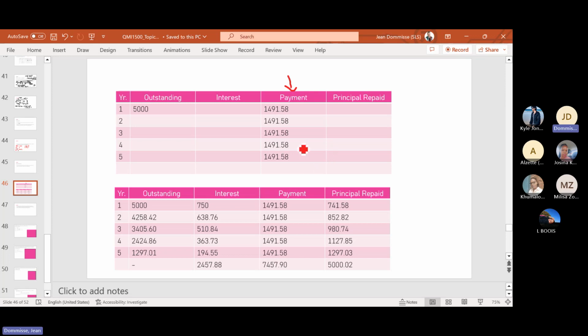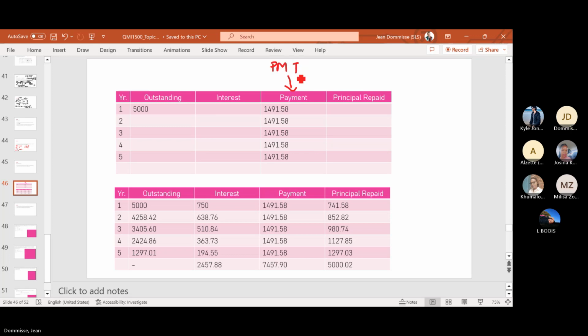So I would always, even if it goes into 20 years or whatever, just draw up the first 1 or 2 years so that you see what is happening. So your payment here is that you will work out the PMT.